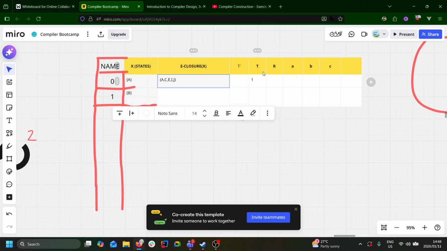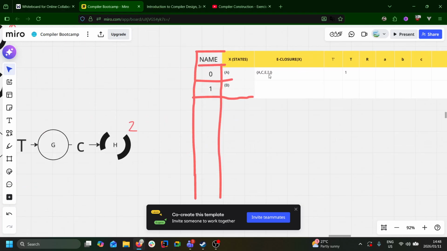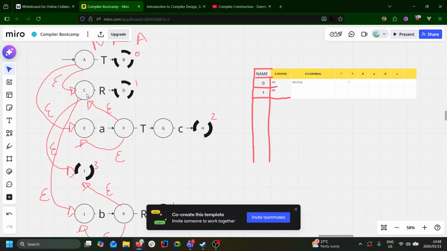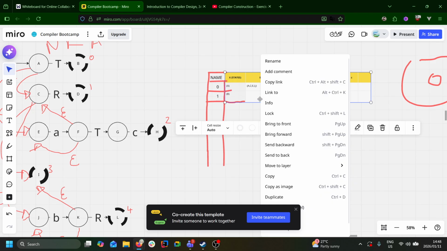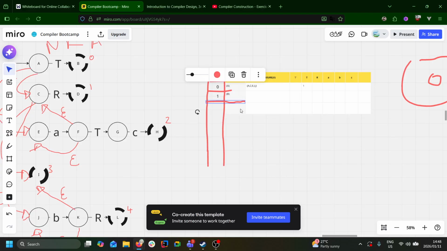So we're gonna ask ourselves, okay, where can we go by following R from these sets over here? So from C we can go to D, and since we don't have an element that has a D over here, we're gonna have to add another row at the bottom.